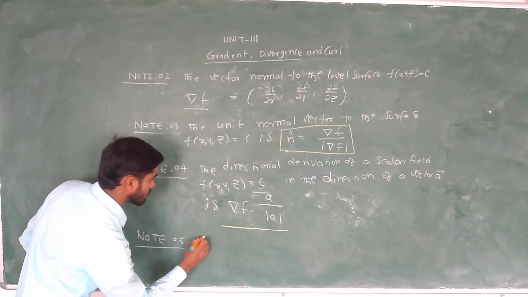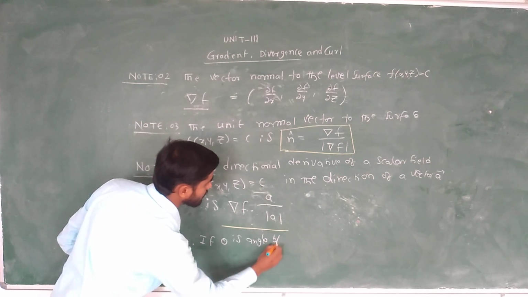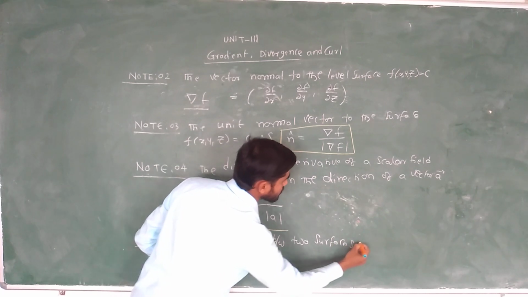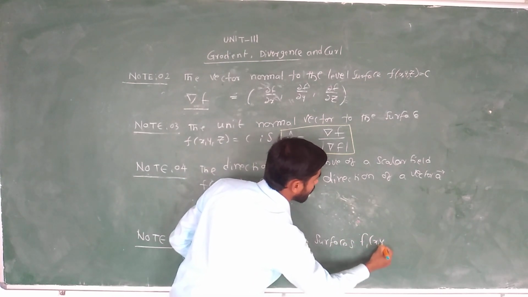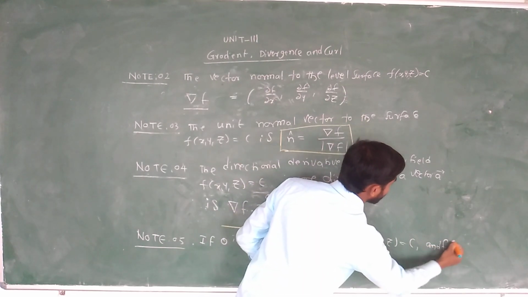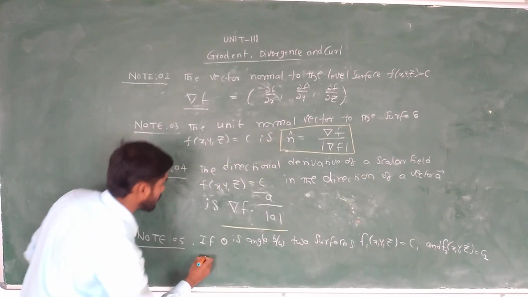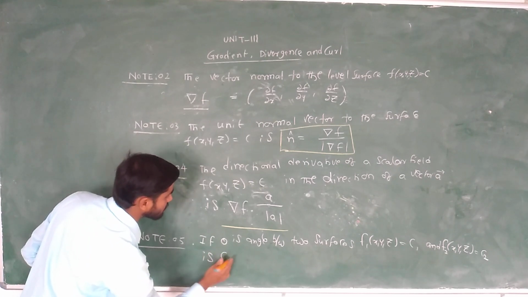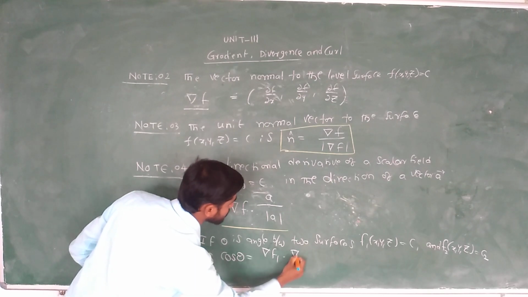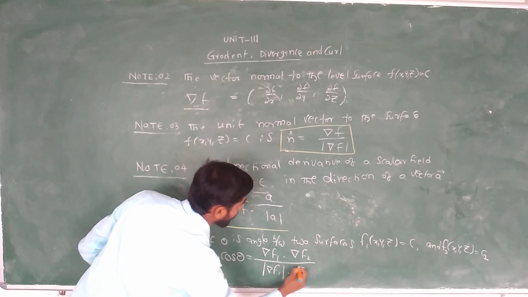If theta is the angle between two surfaces, f1 of x, y, z equal to c1 and f2 of x, y, z equal to c2, then cos theta is equal to del f1 dot del f2 by magnitude of del f1 dot magnitude of del f2.